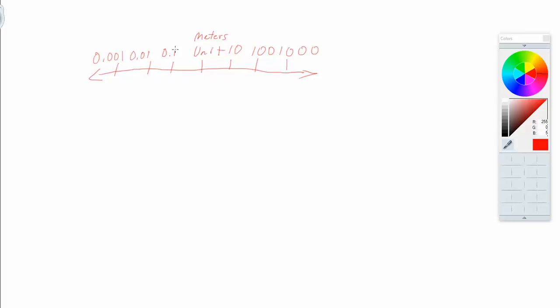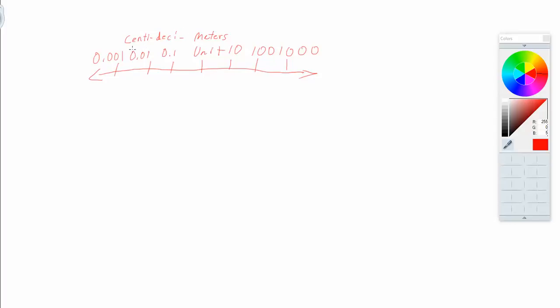And so 1/10 is a deci. So you have decimeters, and then if you go to the 1/100th, you have centi. You've probably heard of a centimeter.